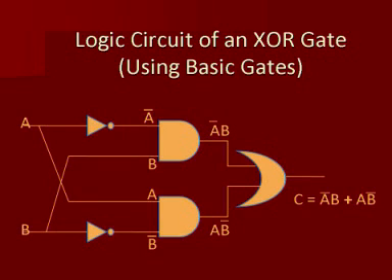For example, for the first term in the Boolean expression for C, that is A bar into B, A has been inverted to A bar using a NOT gate and then ANDed with B to obtain A bar B. Similarly, the second term, that is A into B bar, is translated into a logic circuit. Then the outputs of the two AND gates, that is A bar into B and A into B bar, are ORed using an OR gate. This method is appropriately called the sum of product method because each output is first written as a product and then summed over.